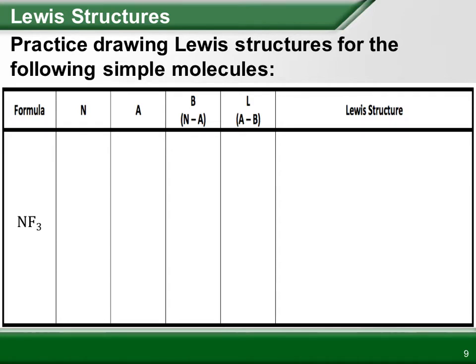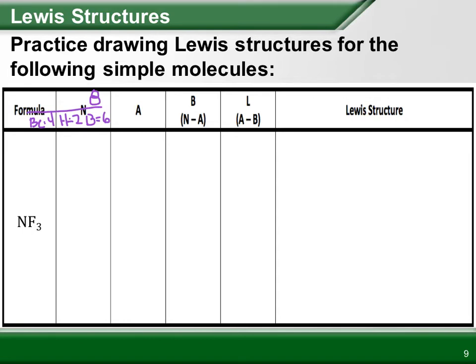Alright, remember, when calculating N, this is the total electrons needed for that molecule. And so in order to get to that, we have to remember that all atoms need 8, except for hydrogen, which needs 2, boron, which needs 6, and beryllium, which needs 4.